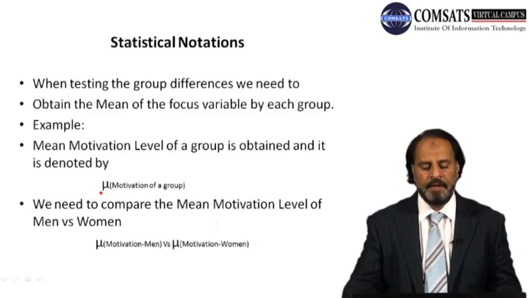The mean as notation is represented by the notation mu. And when we try to see the difference between two groups on a particular variable such as motivation, what we try to see is the mean motivation level of men and the mean motivation level of women.